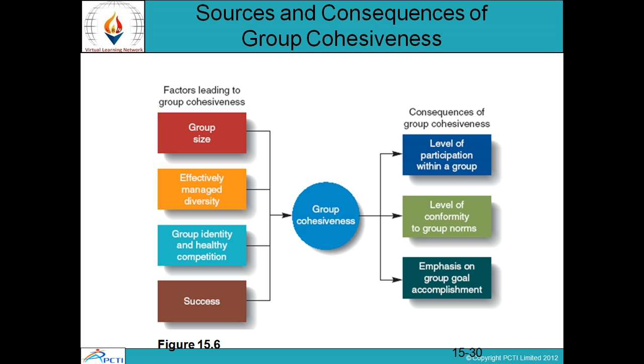All these four parameters act as an input for group cohesiveness and are capable of generating the output in the form of consequences of group cohesiveness, like levels of participation within a group, level of conformity to group norms, emphasis on group goals, accomplishment.